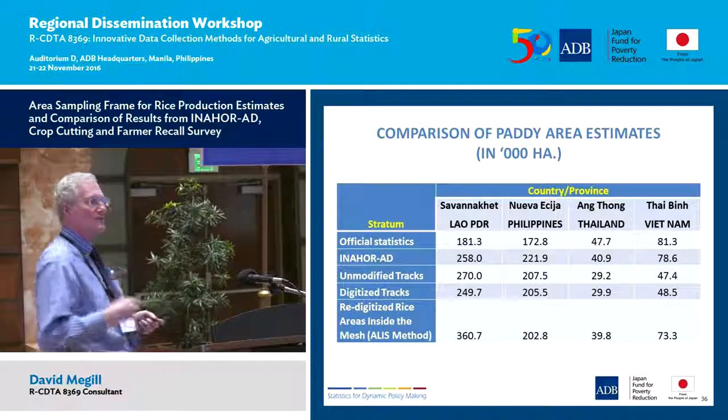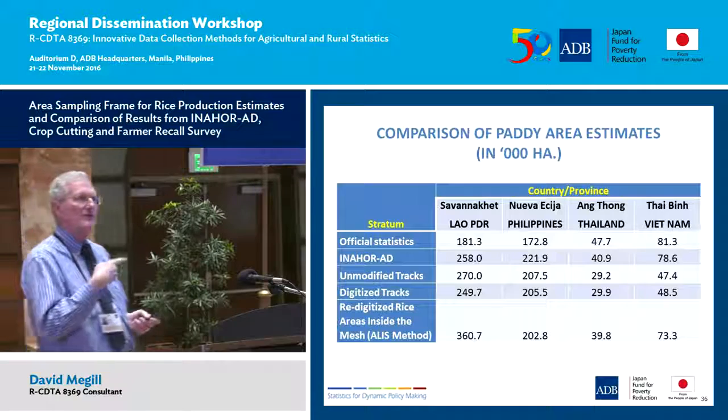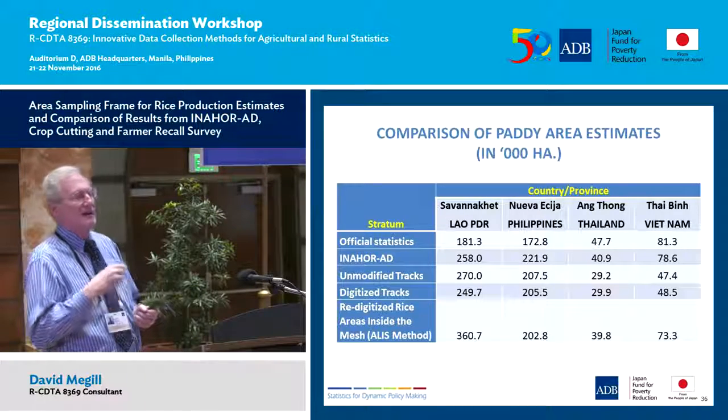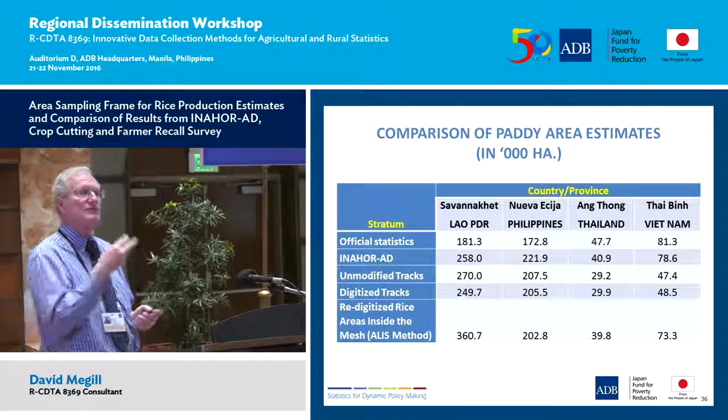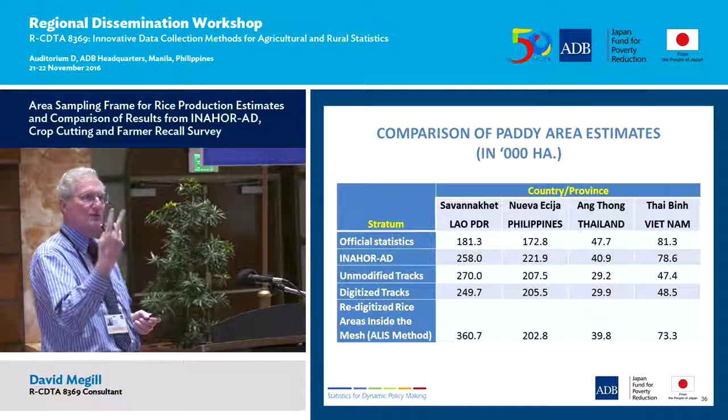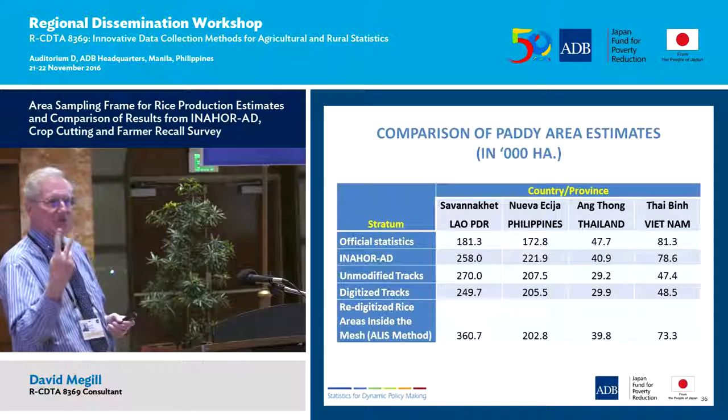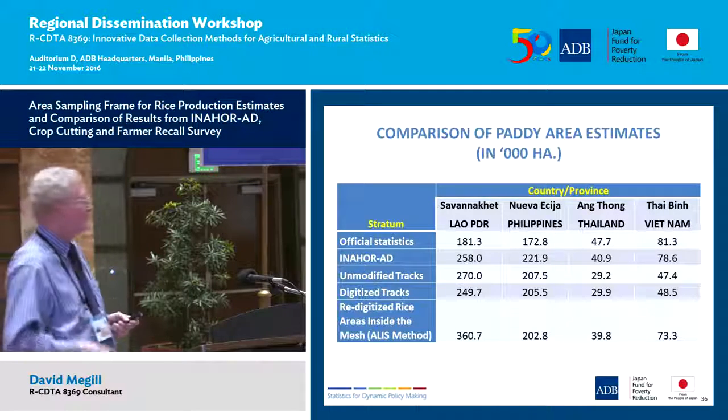Lao PDR was a case where the stratification could have been more effective. Okay, I mean, there were some issues with the stratification. For example, you found 2 meshes in the other stratum that had rice.